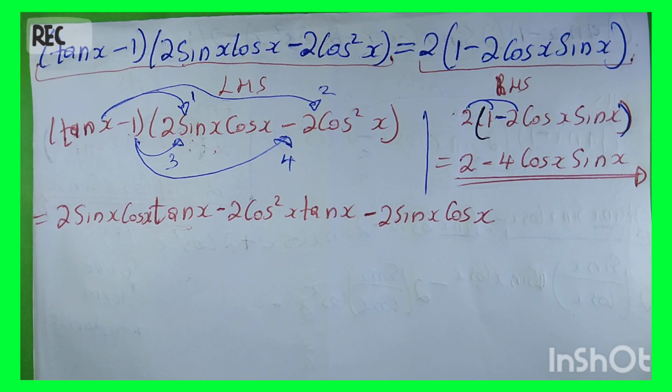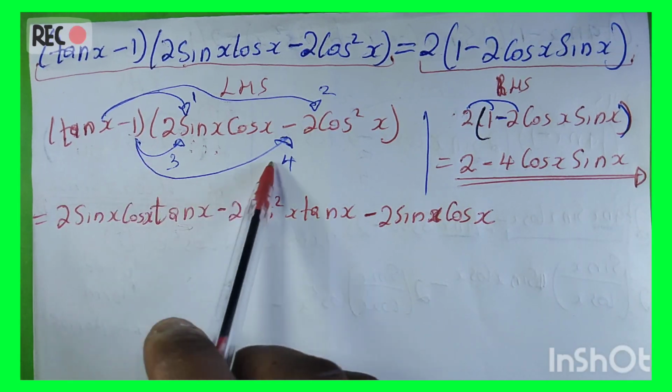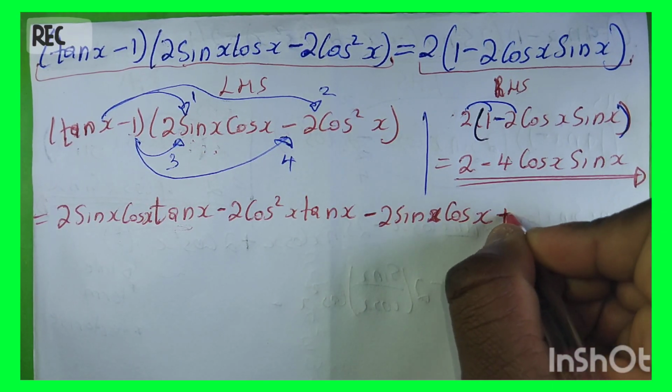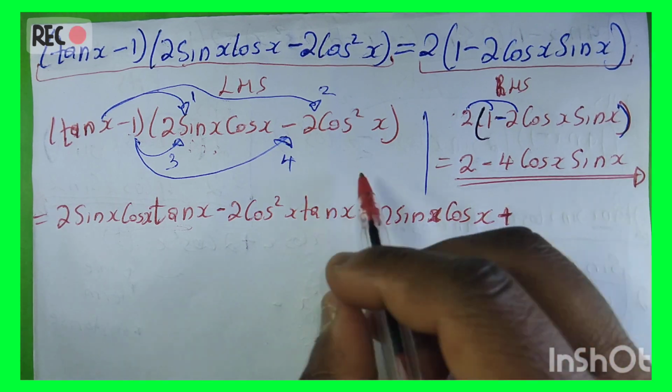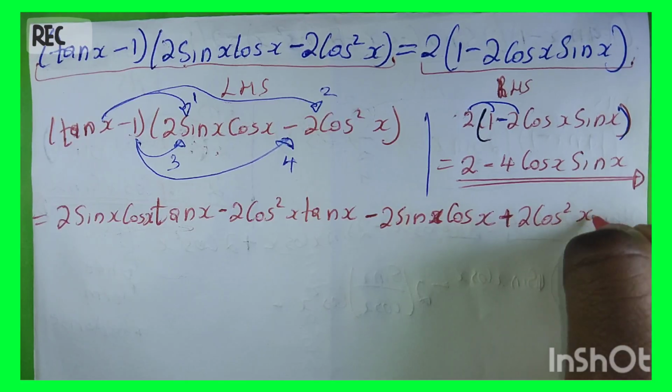Don't forget the rules, guys, for maths. That comes from algebra. So with this one, the same signs give us positive. When you multiply the same signs, we get positive. But anything multiplied by 1 gives the same thing.